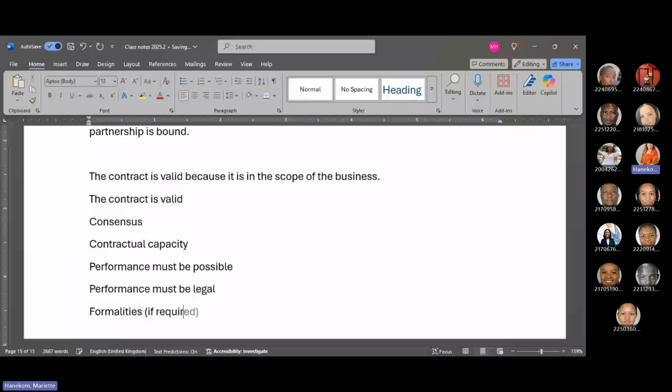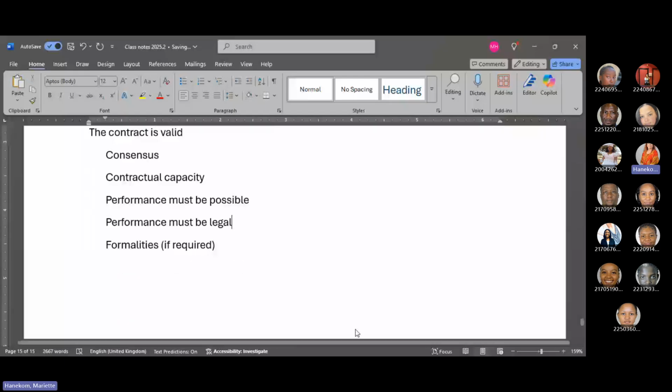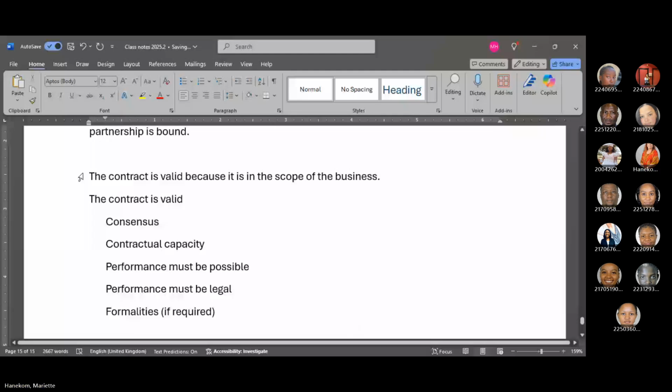Now tell me, if you go back to my nonsense example: the contract is valid because it is in the scope of the business. Amongst those 5 requirements for a valid contract, is in the scope of the business one of them?